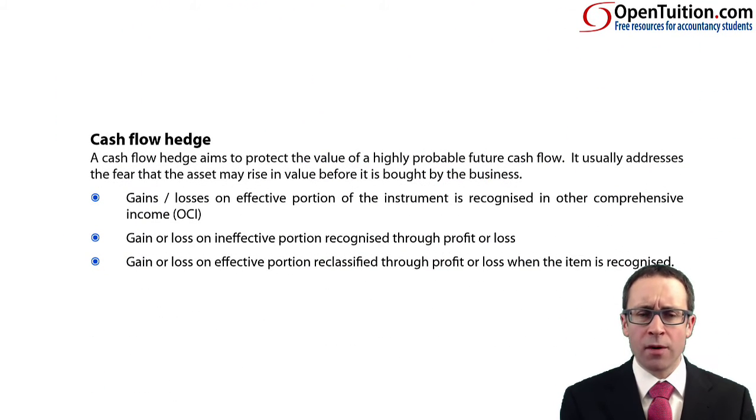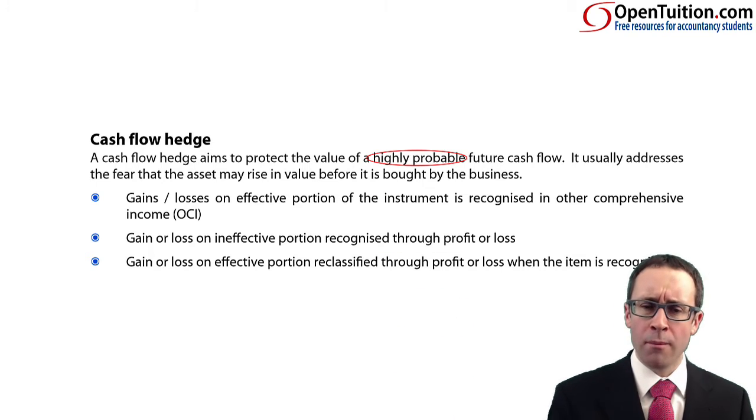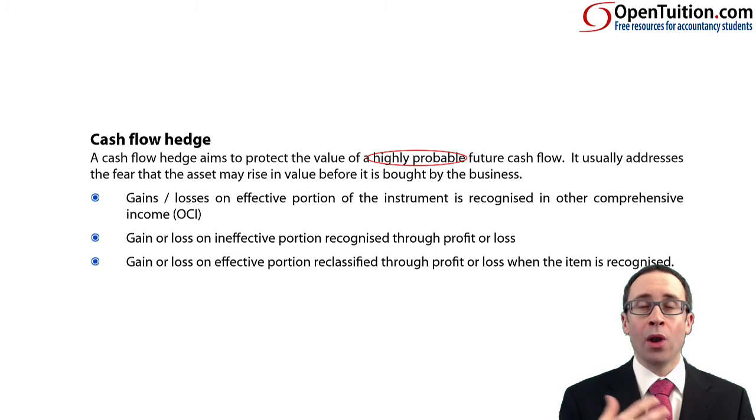So if we go through there and just think about what you've got in the notes, the key bit to highlight, I suppose, is the fact that it is a highly probable future cash flow. So it is more likely than not that it is going to arise. Also, it usually addresses the fear that the asset may rise in value before it is bought by the business.